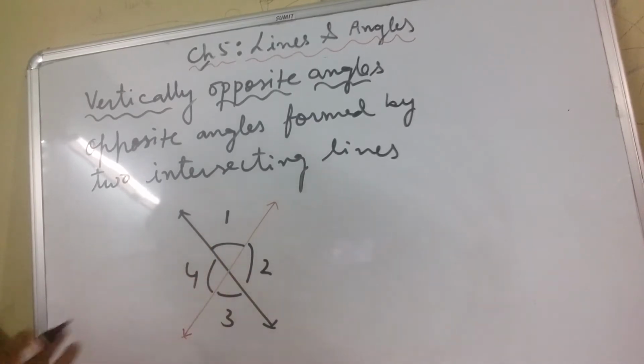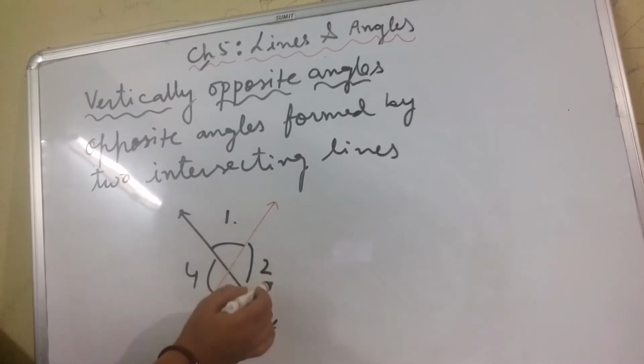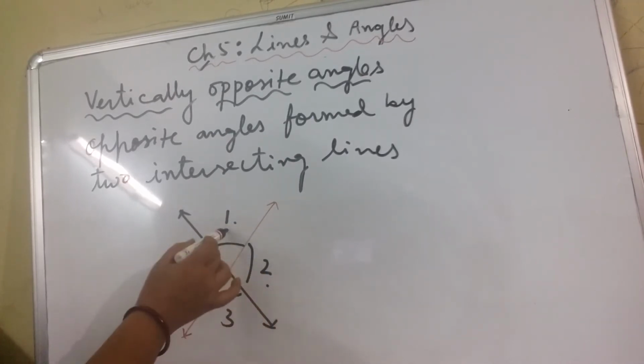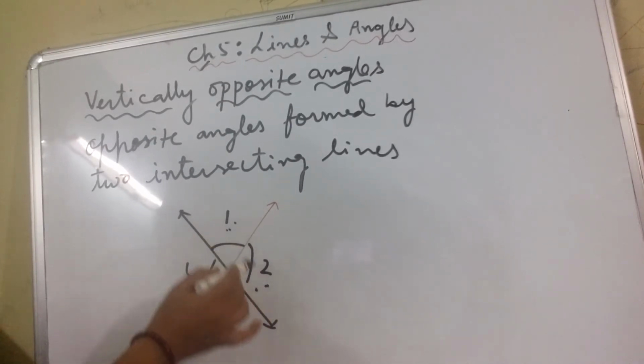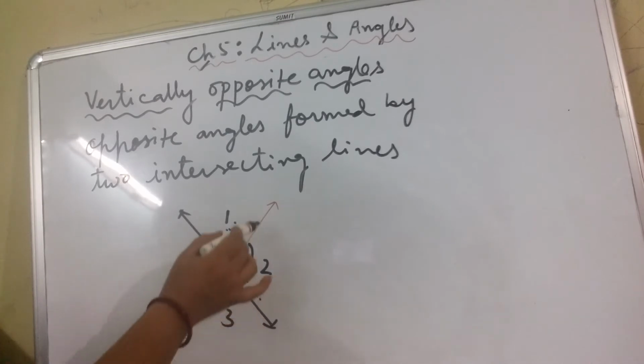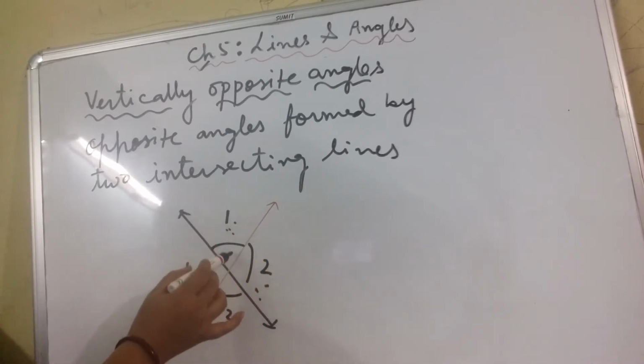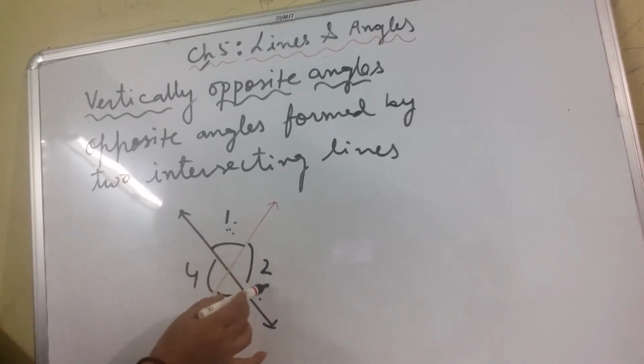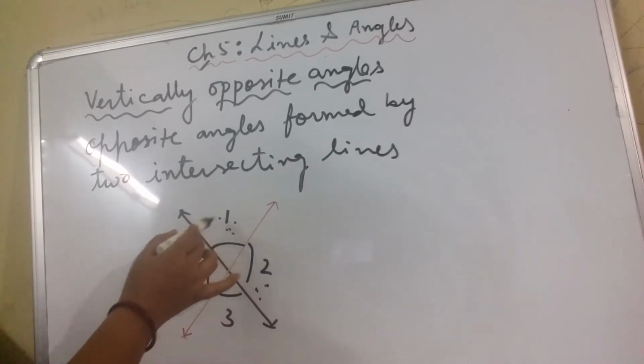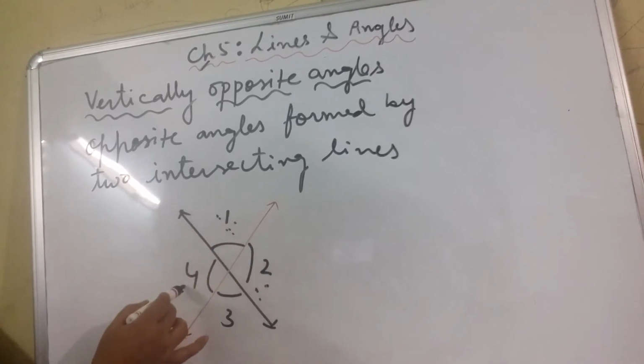They have formed 4 angles. Now if you look at this carefully, angle 1 and angle 2 are side by side. So they are adjacent angles because they have a common arm and a common vertex. So angle 1 and angle 2 or angle 1 and angle 4 are adjacent angles.